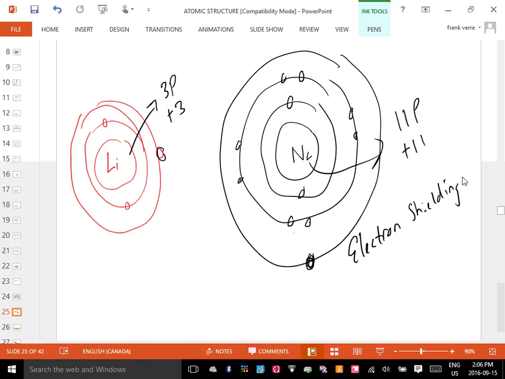So if you have to think about this, there's 2 things that affect the size of an atom. One is the strength of the nucleus, and the other one is how many electrons there are in between the outer electron and the nucleus. So things with more rings or shells will have more repulsion, and they'll be further away. So that's what you're seeing here.